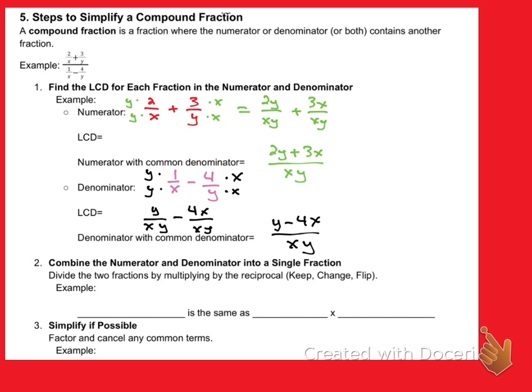So this is where I get off the spaces. Because it's set up like this, I went ahead and put in the division bar there. All right, that would be the division bar. And from there, we would keep, change, flip. So we'll have 2y plus 3x over xy times xy over y minus 4x.